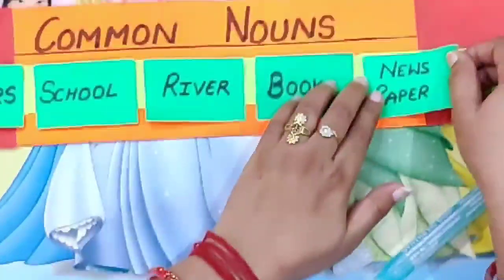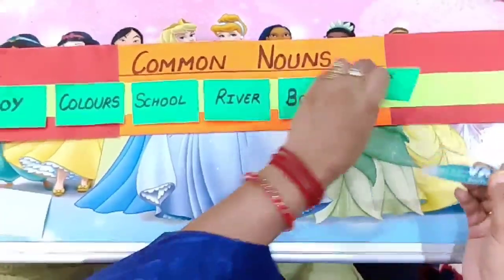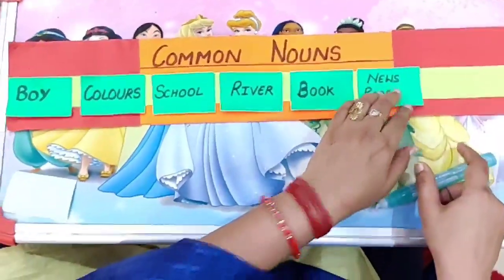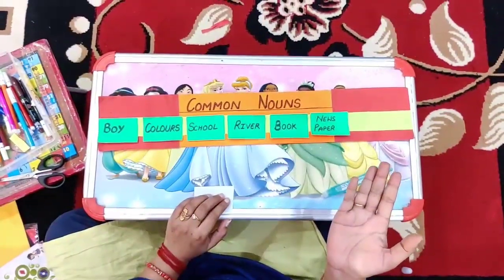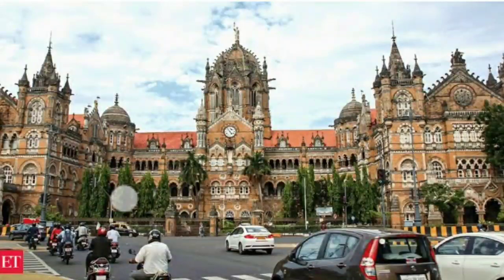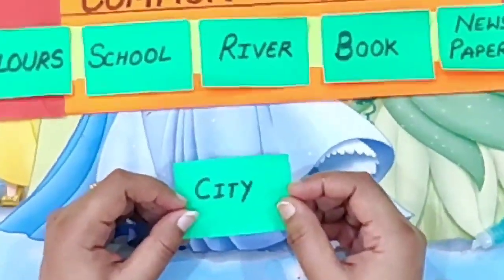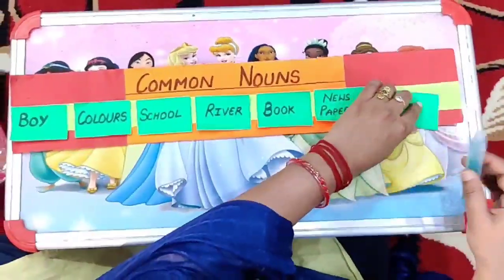Again, I will paste it here using glue. Next, what is this? This picture is of a city. So, city is also a common noun and we will paste it here on the strip.